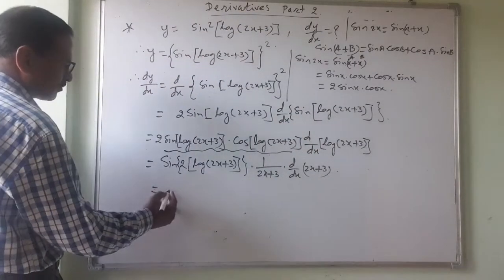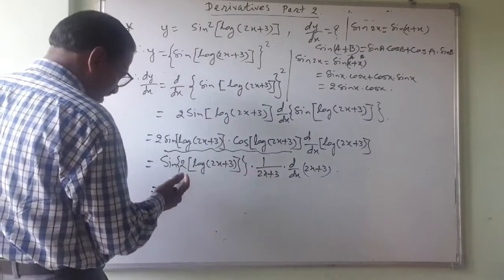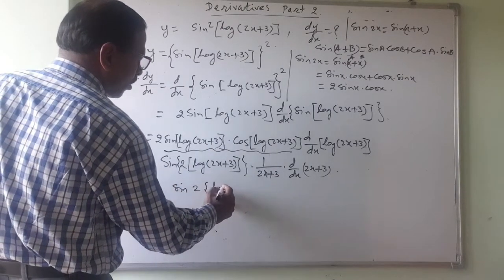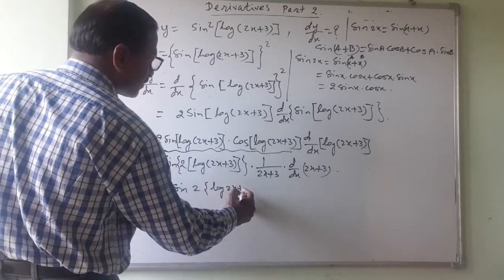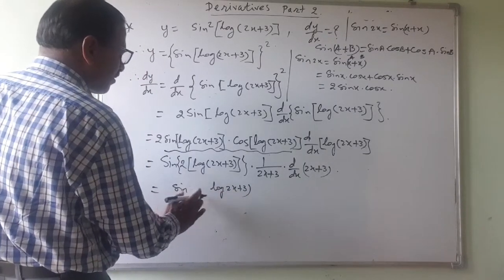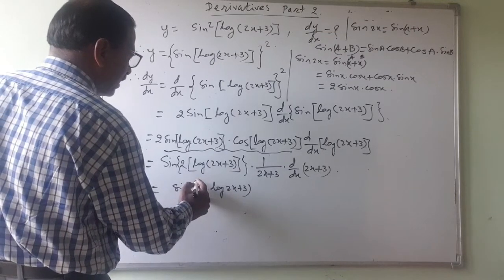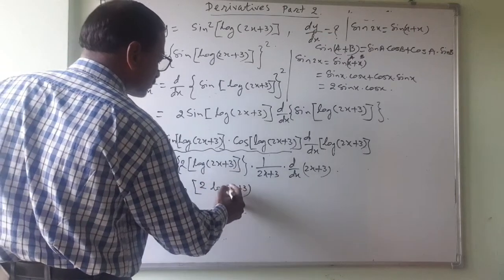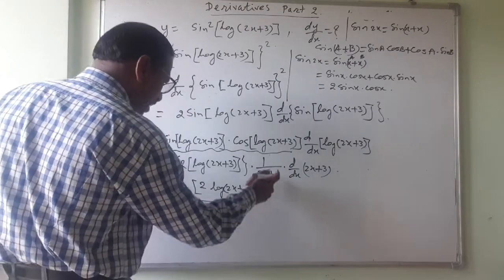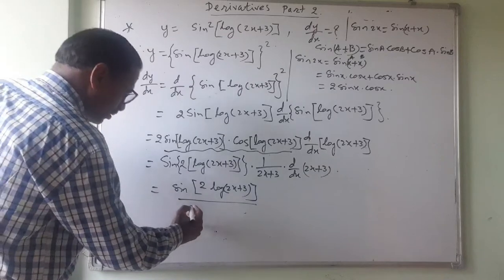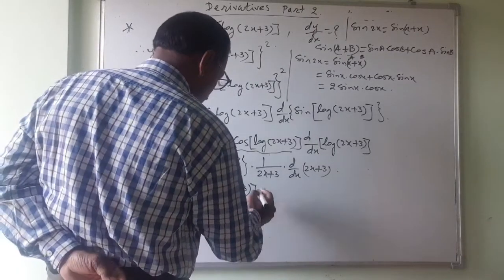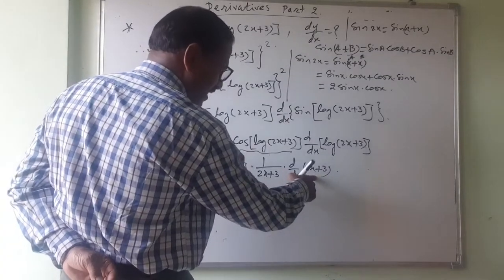That is equal to sine of 2 into bracket log of 2x plus 3, upon 2x plus 3 into the derivative of 2x plus 3.